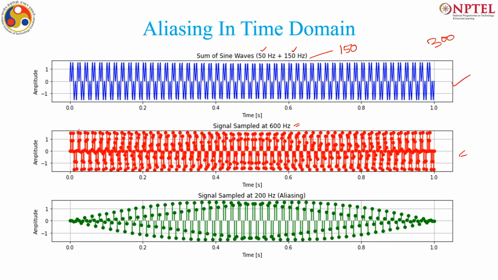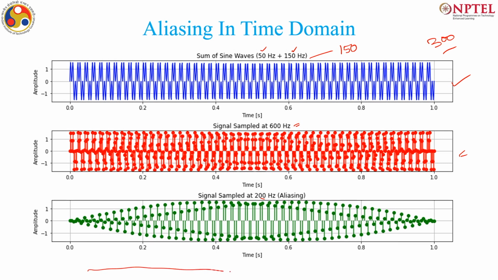This pattern is somewhat captured, although if I sample even further, like 1000 hertz, it will be even better, or even say 2000 hertz, it will be very nice. But 600 is sufficient to capture the structure. But if I take samples at 200 hertz, which is less than my Nyquist rate of 300, then I do not at all get the signal structure.